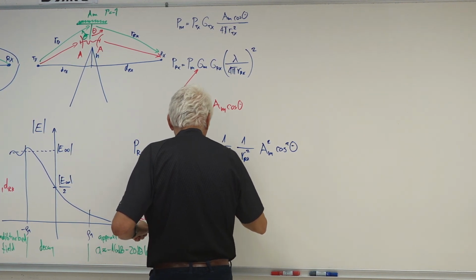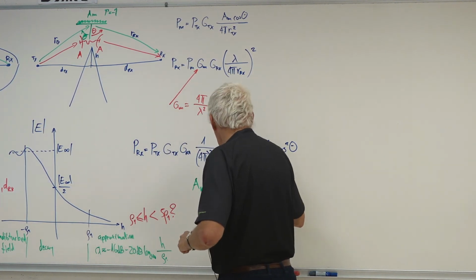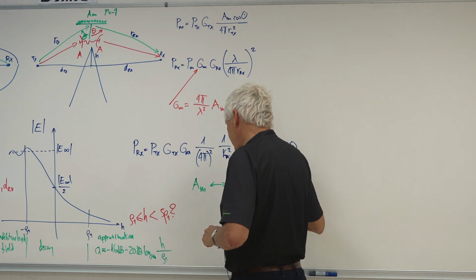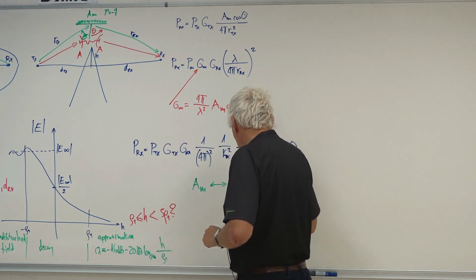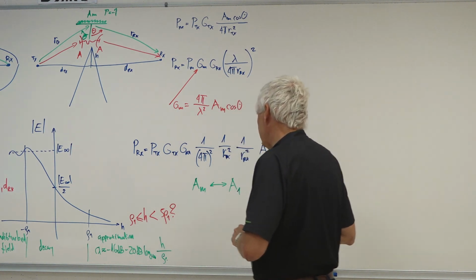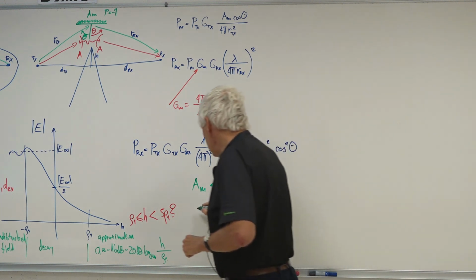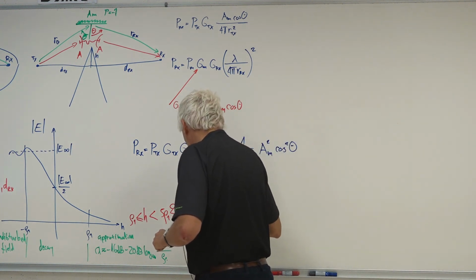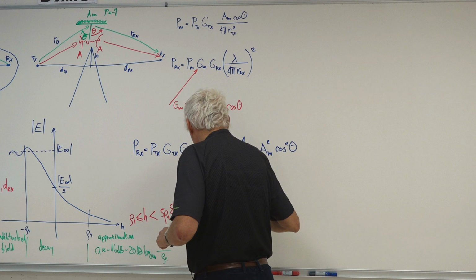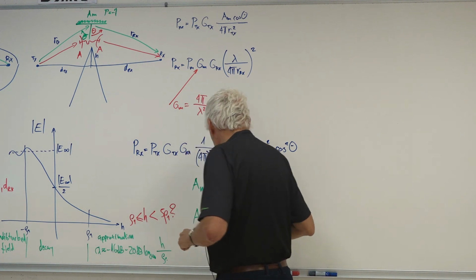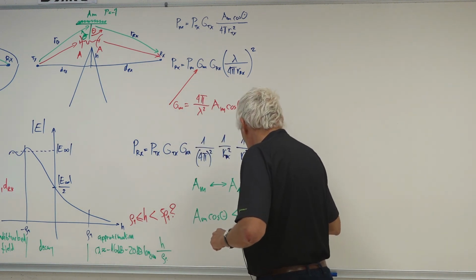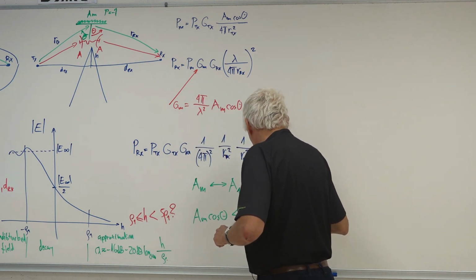We should compare it to the surface of the first Fresnel zone, A1. Usually the condition is that A mirror times the cosine of the angle is way smaller than A1. This is equal to pi rho1 squared.